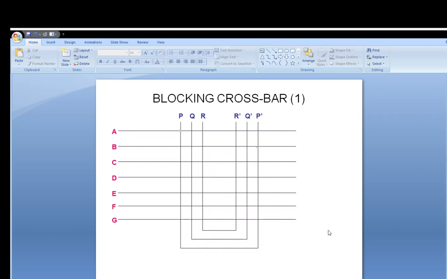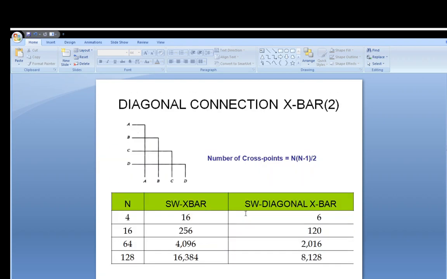Reduce the cost means reduce the switching points. So one concept came in this manner, that is shown in this figure, that there are 7 subscribers and these are connected with only one line. Previously, each subscriber was connected with 2 lines.